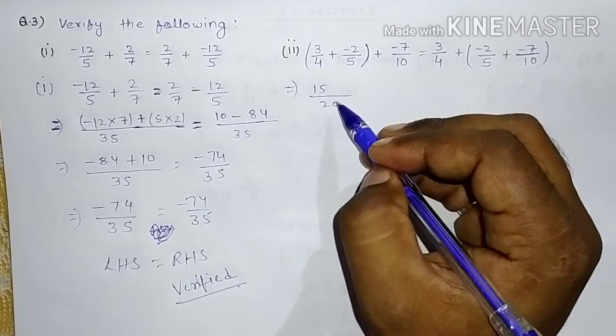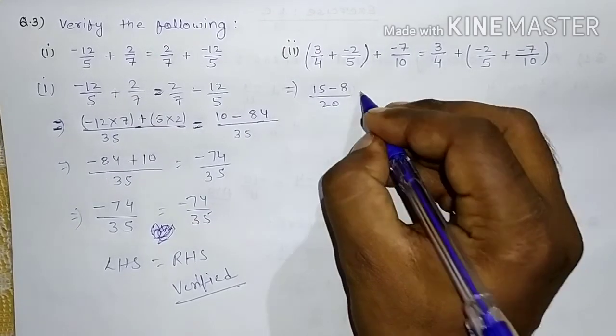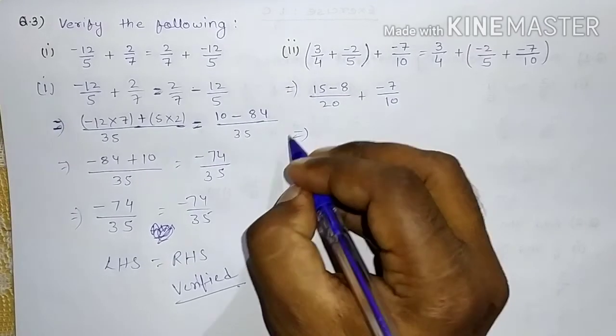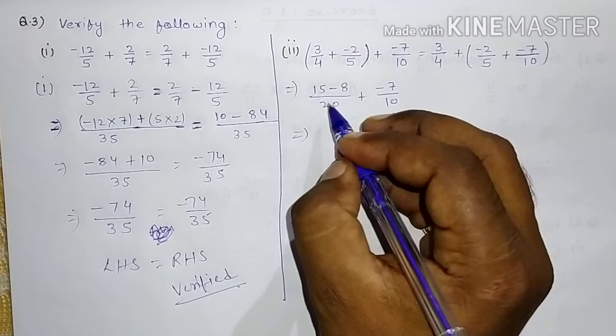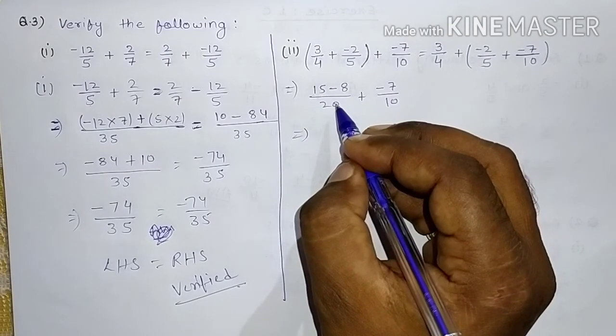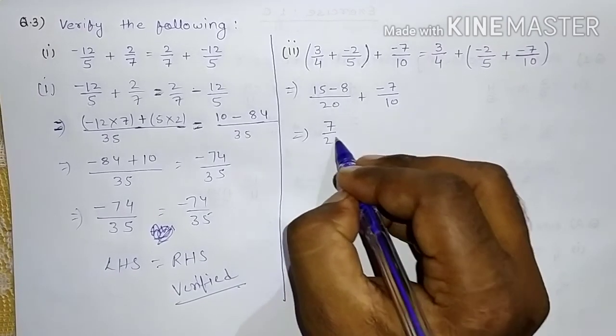Again 5 times 4 is 20, 4 times 2 is 8, so this is minus 8. Now 15 minus 8 is 7 upon 20.